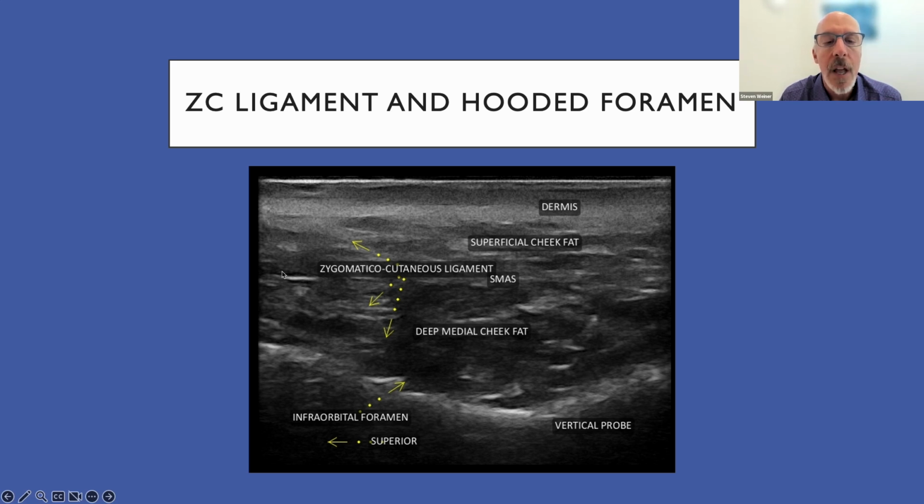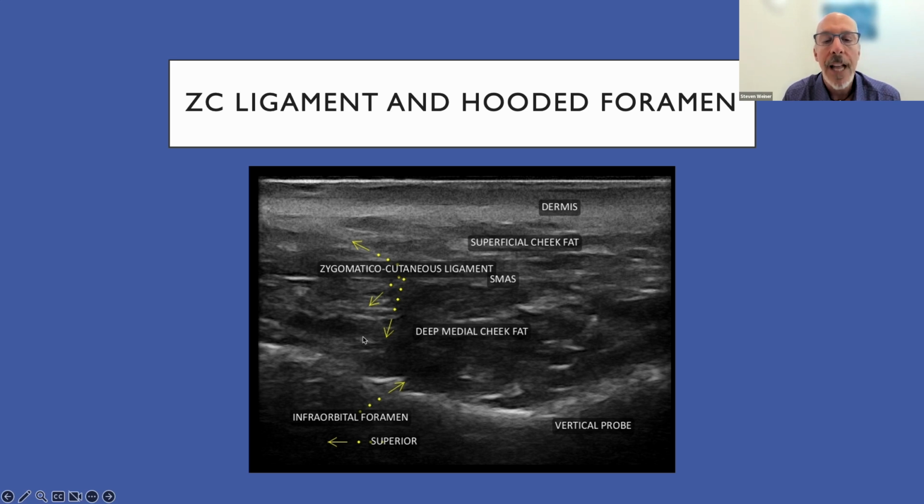So if you look on the superior aspect, remember this is vertical, so superior is going to be on the left side. This is your medial SUF, and on the inferior aspect of that ligament is your deep medial cheek fat. Also, you can see very clearly here that there's a little hood to that infraorbital foramen that I described. And you see the little break in the bone here, and a break in between.